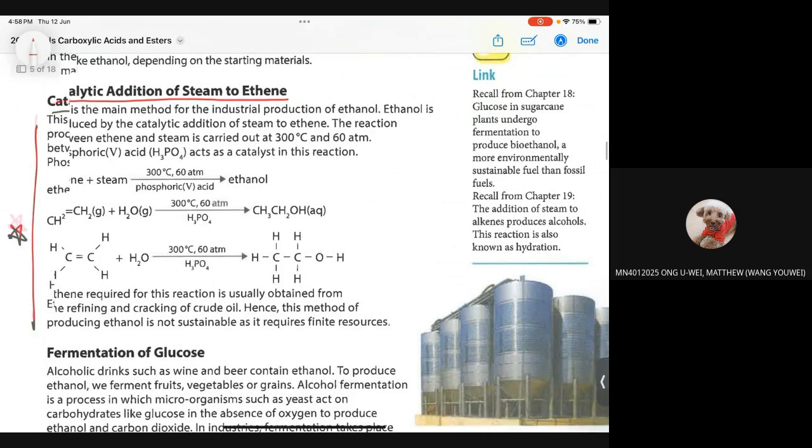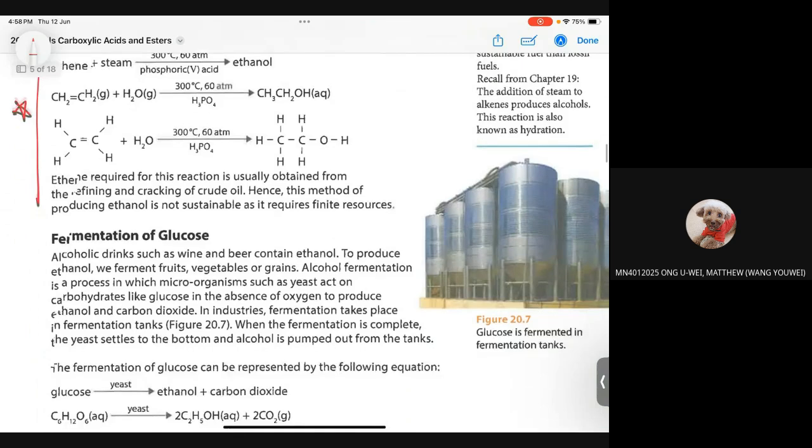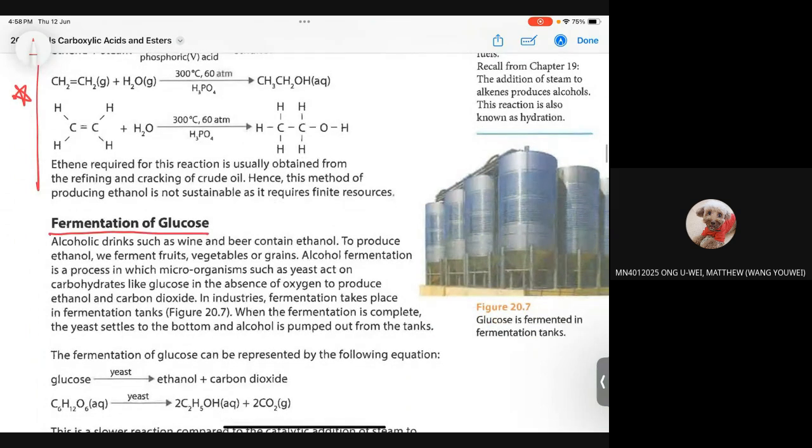But what you can do at home to get alcohol is fermentation of glucose. Do you have glucose at home? Very easy to buy. Your sugar, a lot of them actually contain glucose. So you can do this thing called fermentation of your glucose, and you can actually get alcohol with it.